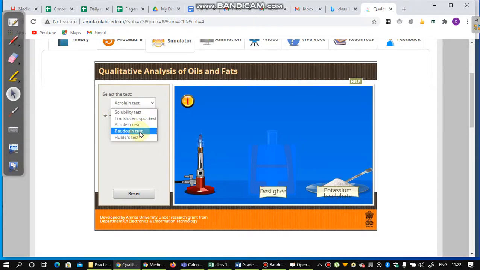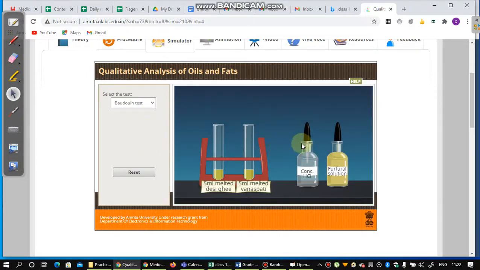The next test is the Bordeaux test. In this, we have taken two samples. One is the desi ghee, another is vanaspati. Both are in a melted condition. I took concentrated HCl and put it in the desi ghee.